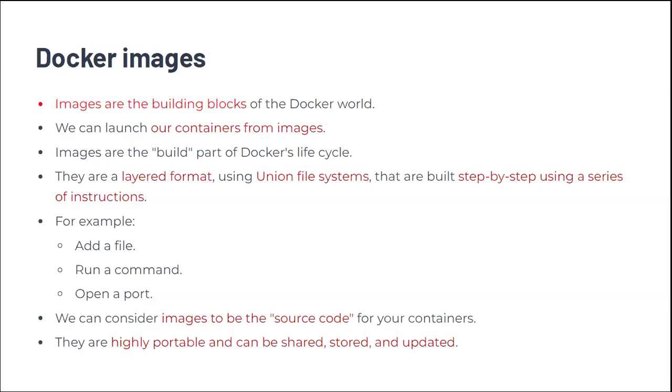Each step might do something like adding a file, installing a package, or exposing a port. Example, you can think of an image like an APK file on Android or an exe installer on Windows. You install the app on your phone or PC. That installation is like running a container.